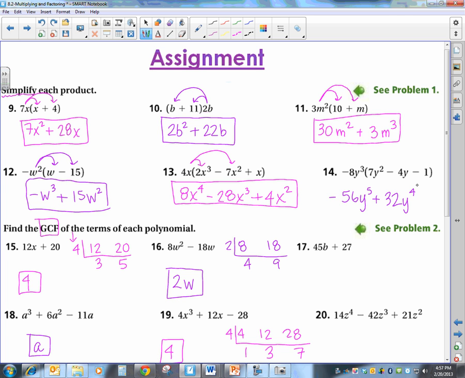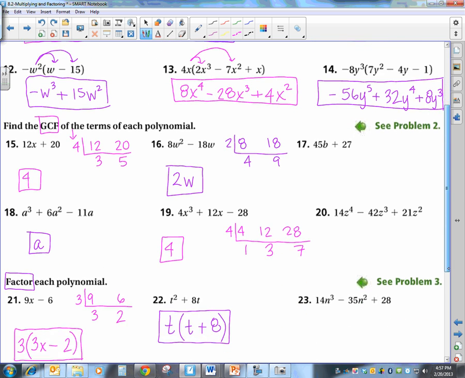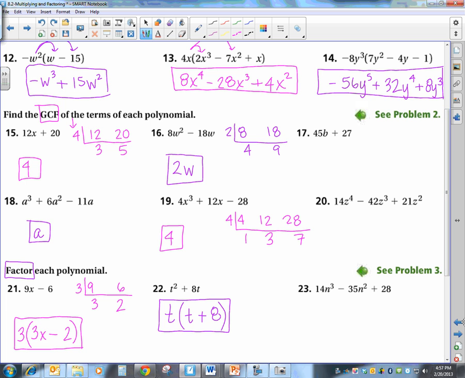And negative times a negative is a positive, and 1 times anything is going to be what I started with. Or is that anything, however you want to call it. Okay, back to factoring our GCF.